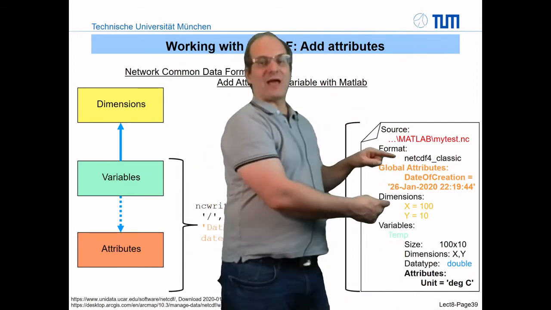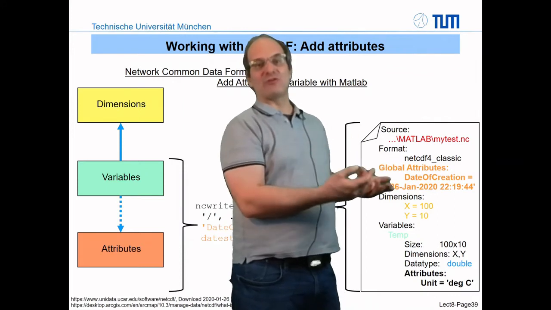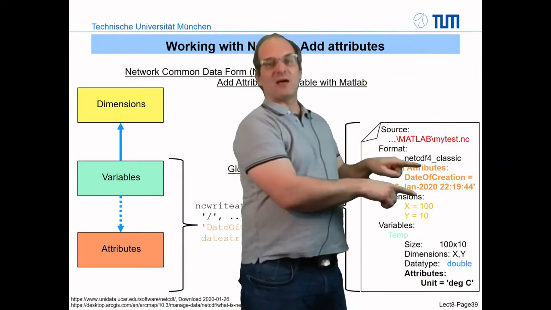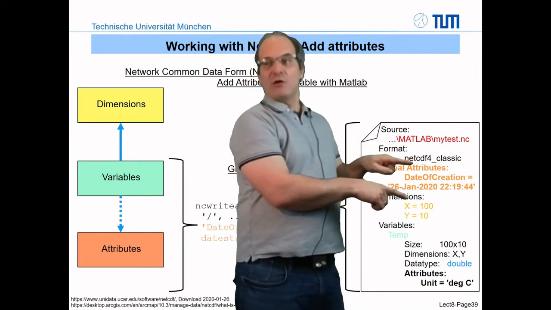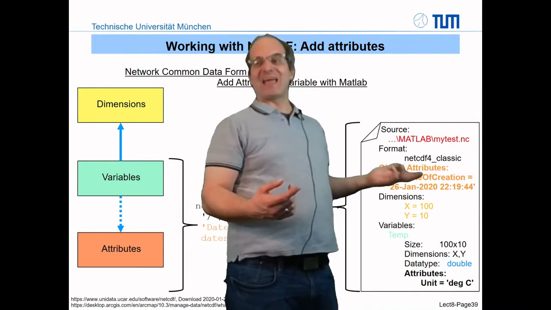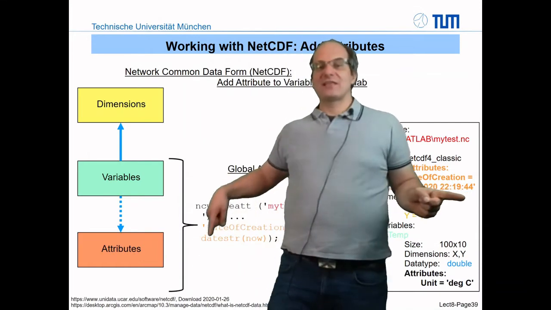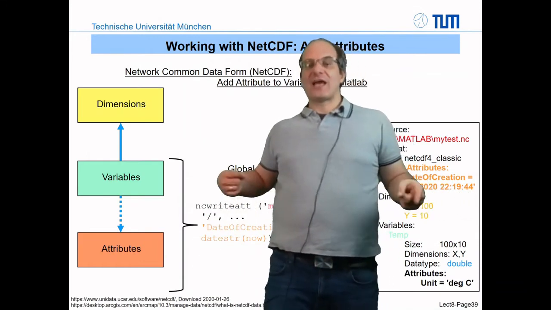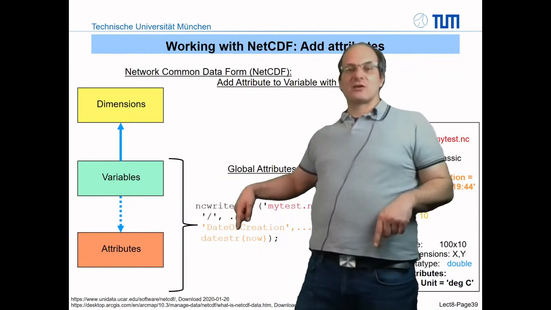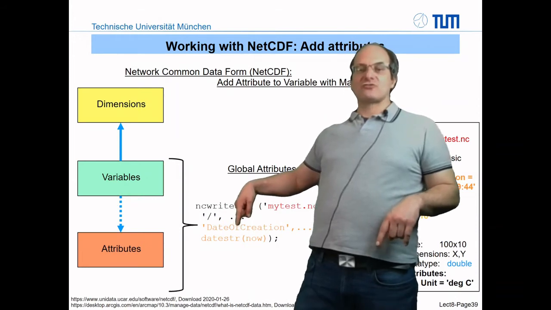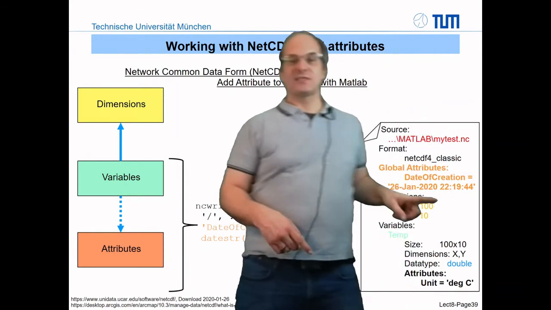So this global attribute does not belong to any individual variable, it's just a general description. For example, in my case, the date of the creation. So I create the date of the creation and I set the current date. In my case, datestr now returns this date string.